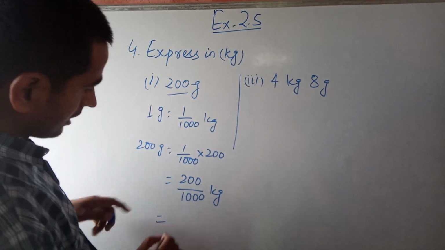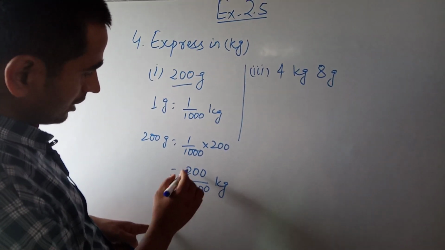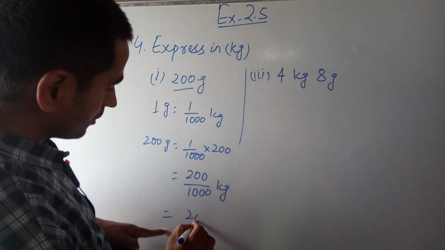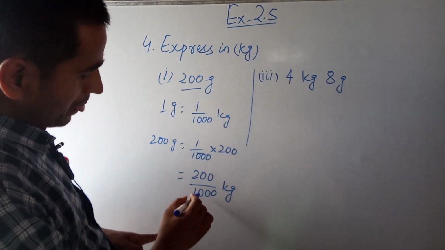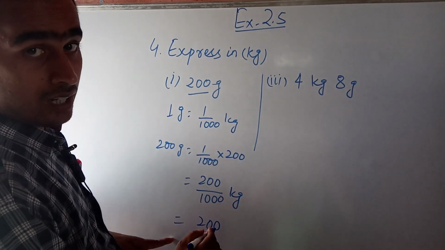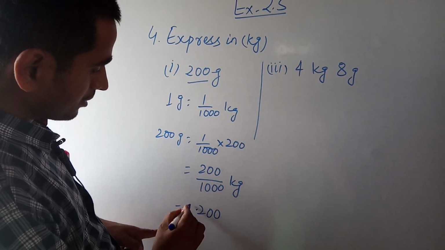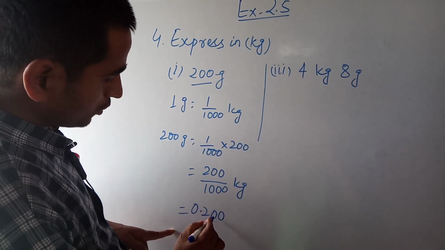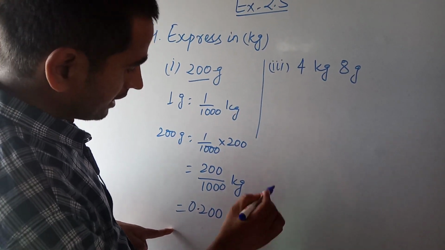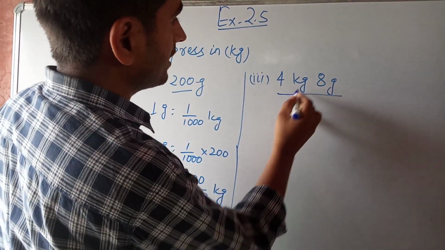After 1 there are 3 zeros, so first write the numerator value, that is 200. Now there are 3 zeros here, so put the decimal after three digits, 1, 2, 3. So 0.200 kilogram.